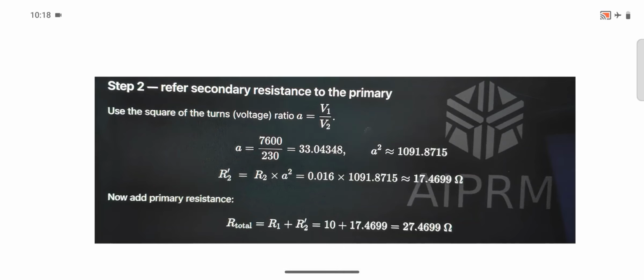This will be your voltage ratio. How will you get it? Simply, we have the voltage for primary and secondary given. So we simply get it. Okay.